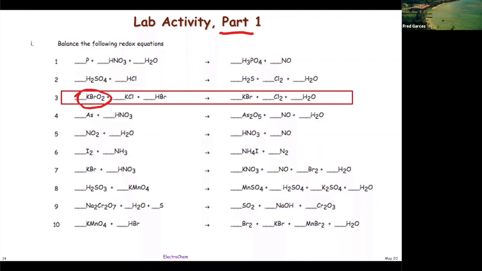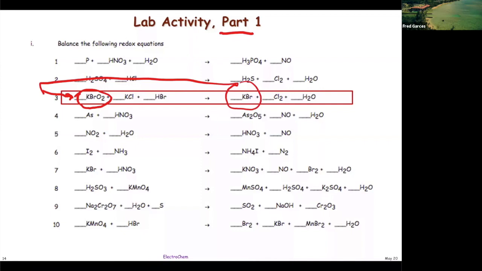You don't have to worry about hydrogen and oxygen because they're going to be bountiful in water. So in this particular case, what we have is potassium and bromine. We look in the products and see where there's potassium and bromine. We can see that it's going to be this right here. And that's the only thing that we need to worry about. That's one half of the reaction.